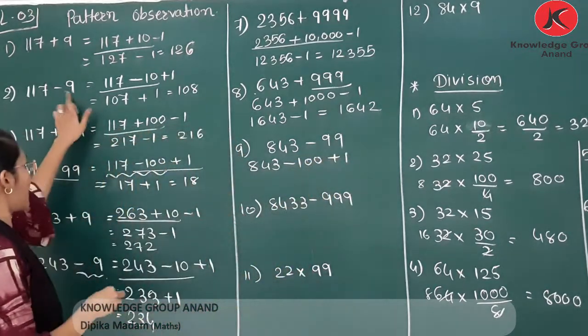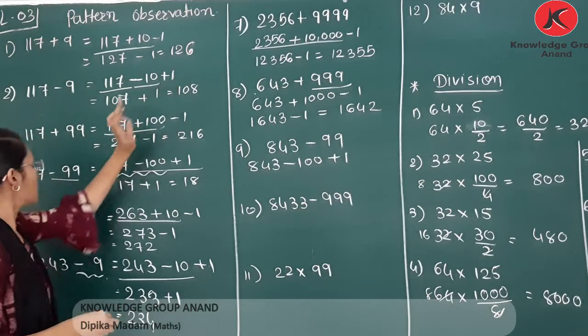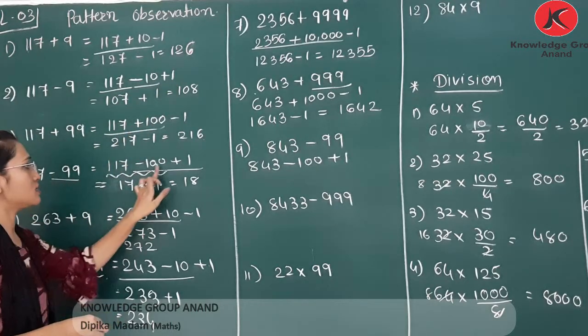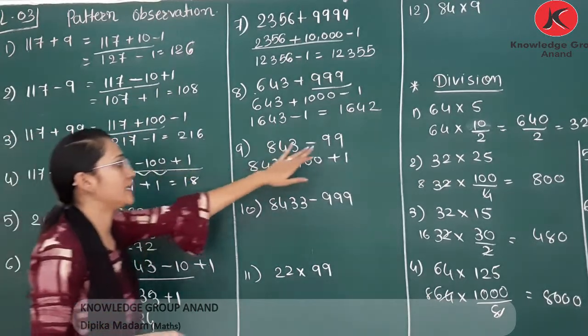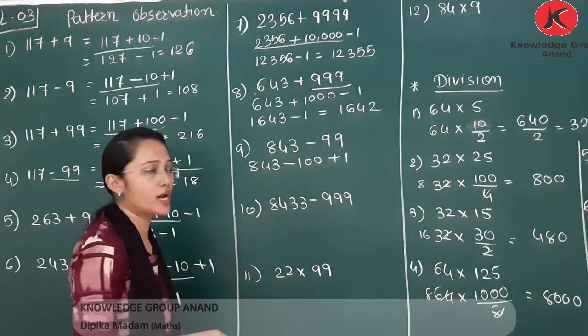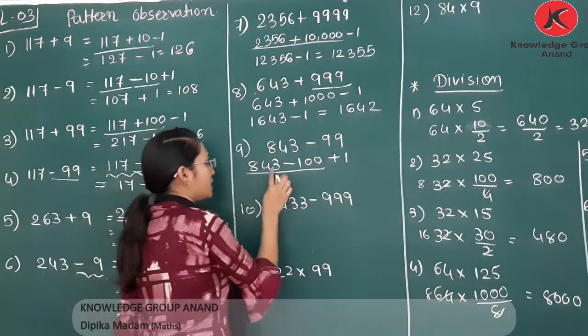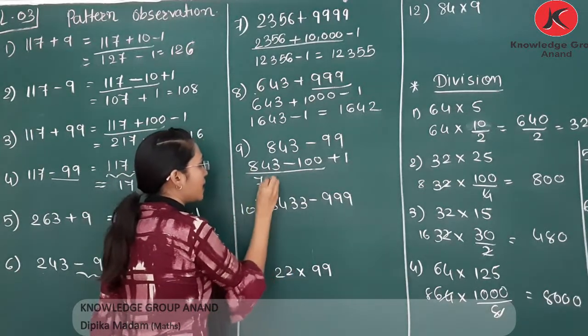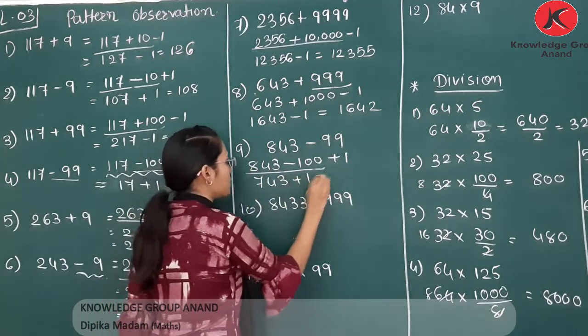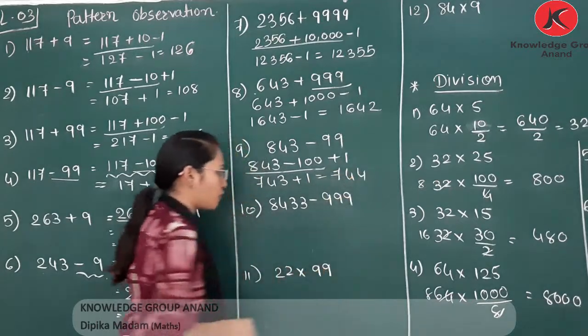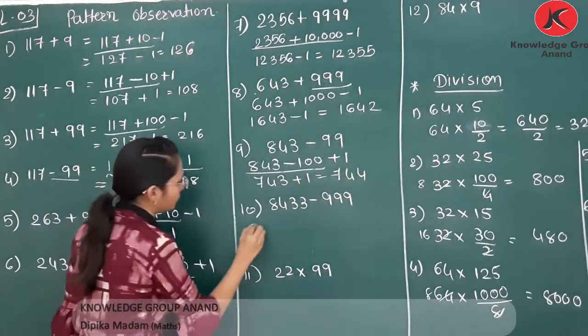If it is minus 9, then minus 10 plus 1. So minus 99 is minus 100 plus 1. So we will perform this first. If you subtract, 843 minus 100 is 743, plus 1, 744. Now next one.